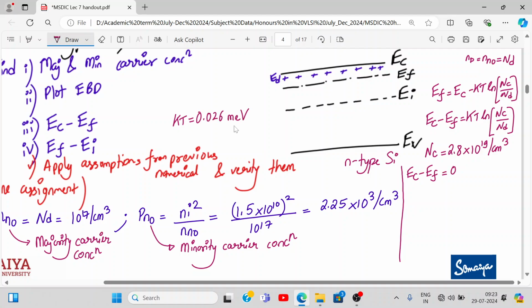So that will be 0.026 electron volt multiplied by natural log of Nc, 2.8 into 10 raised to 19, divided by 10 raised to 17. Can anyone tell me how much is this number? 0.146 electron volt.